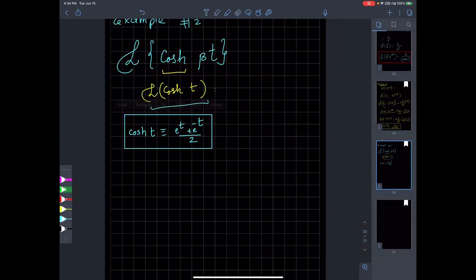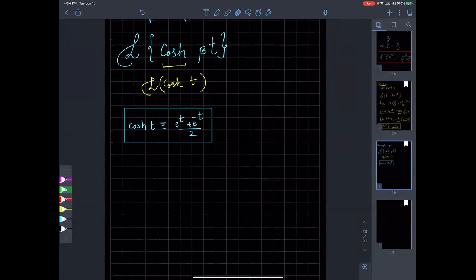Similar to Euler's identity, e to the j theta, there is this relationship: hyperbolic cosine t has a relationship between exponents and cosine.